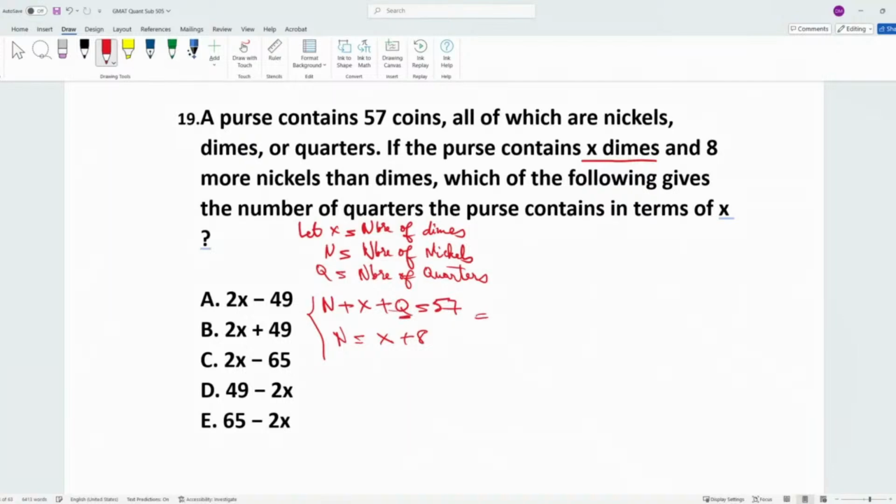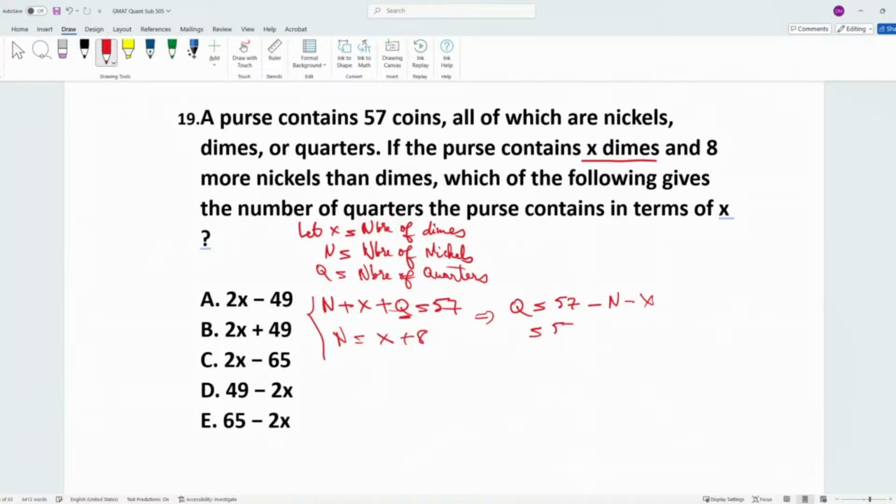So this will take us to say that Q is actually equal to 57 minus N minus X. Then we know that N is actually equal to X plus 8.